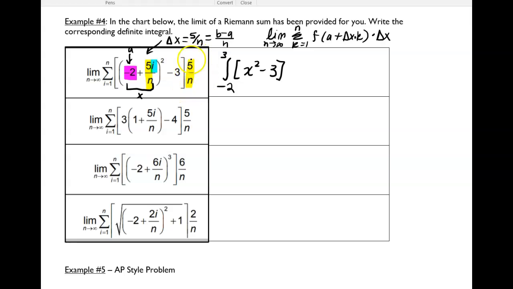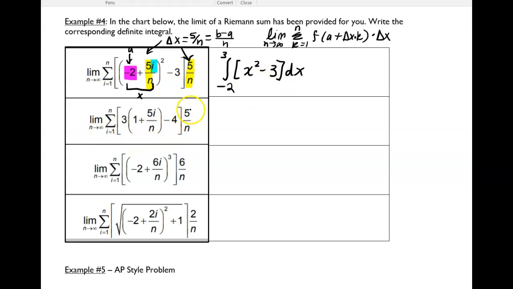This delta x on the outside gets replaced by a dx. So my integral is just negative 2 to 3 of x squared minus 3 dx. Now this was a simpler case. Sometimes they are going to be a little bit more complex. But usually if it just wants one integral, you can write it this simply.